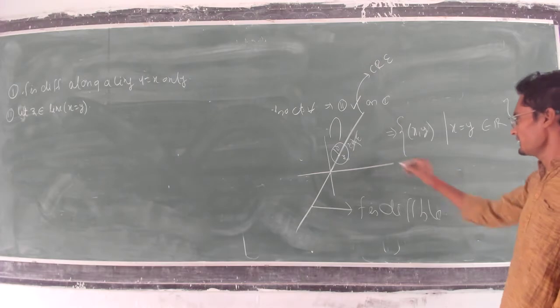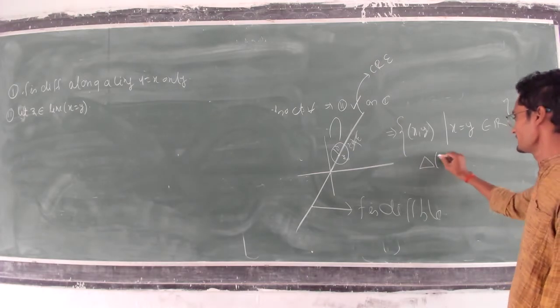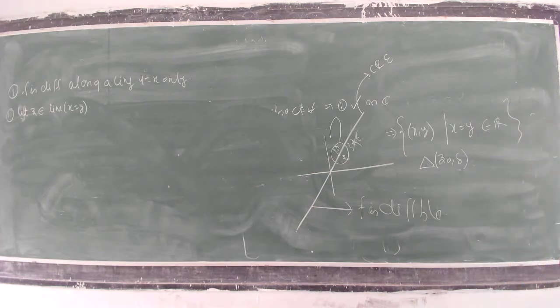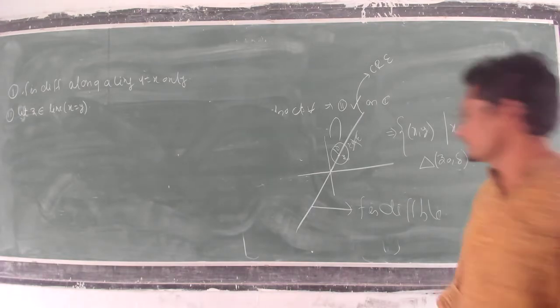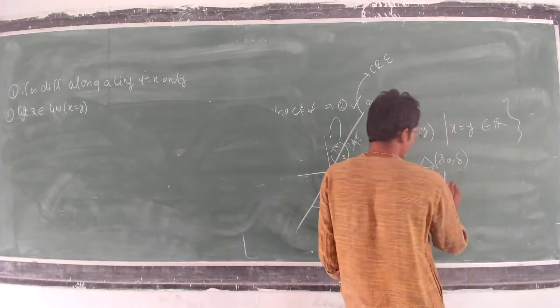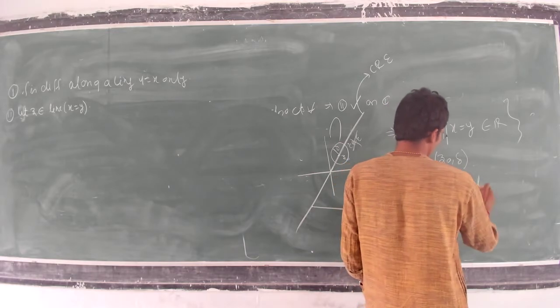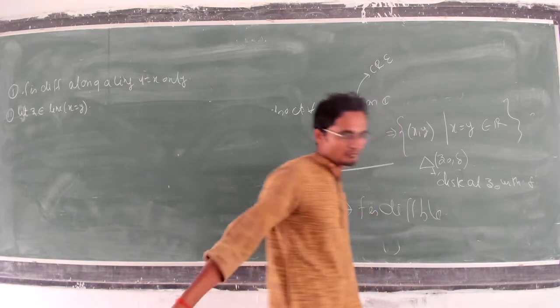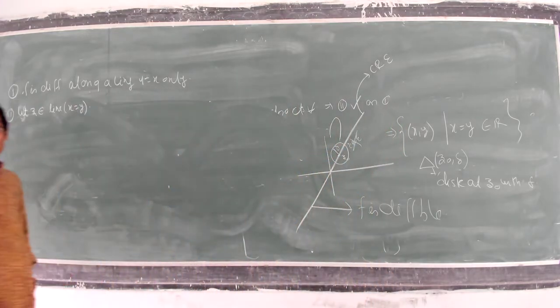Geometrically we write it like this, B(z naught, delta). Any point on the line, if I take a ball around the point, that is known as a disk, right, with radius delta. You can make a ball around the point.